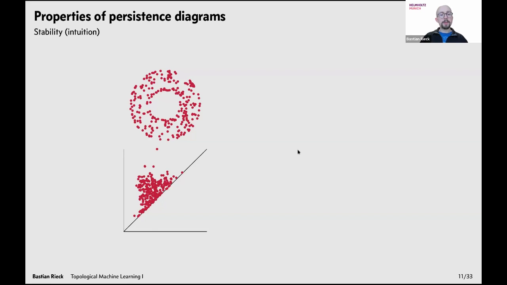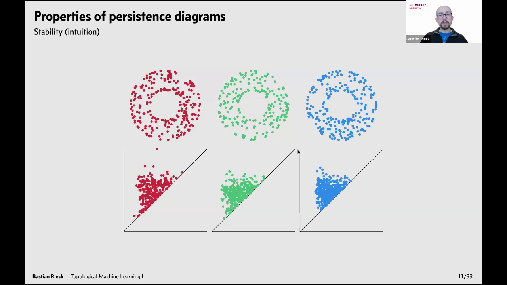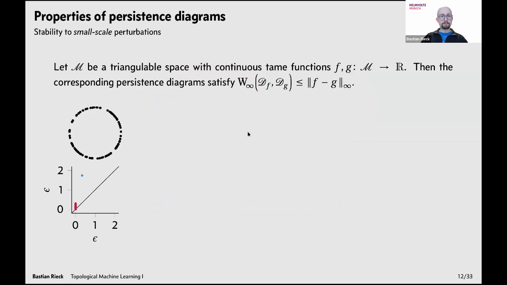So for instance, if we do different samplings of the tori here, you can see that apart from one outlier, which I put here on purpose, these diagrams look more or less the same, even though the point clouds look a little bit different. So you can see that the sampling here is somehow different than the sampling here. But in general, you get similar results. So it's not completely off the scale.